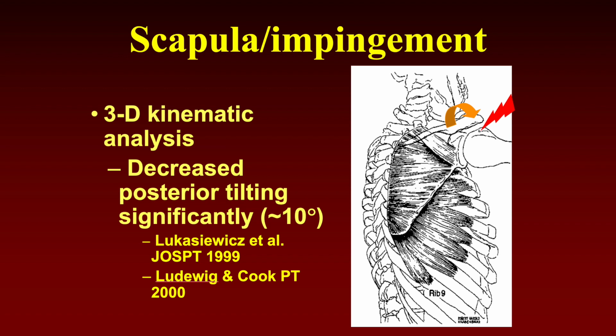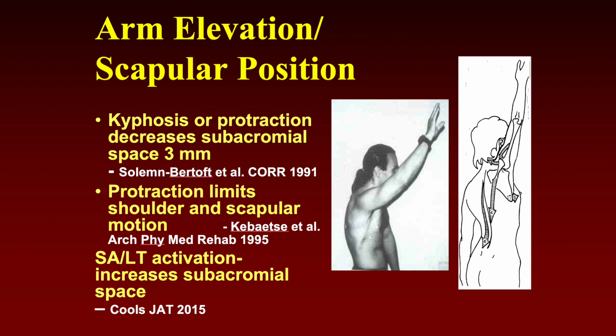So the pain is at the end, the victim, as we call it, is the anterior shoulder, but the culprit really is the acromial anterior tilt and protraction. Many studies have shown that kyphosis or protraction decreases the subacromial space, and protraction limits shoulder and scapular motion.